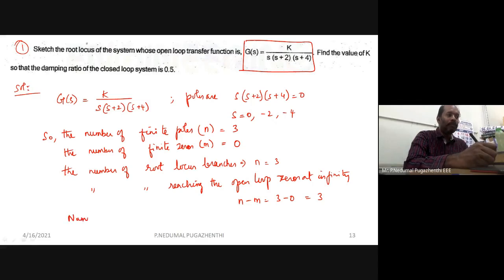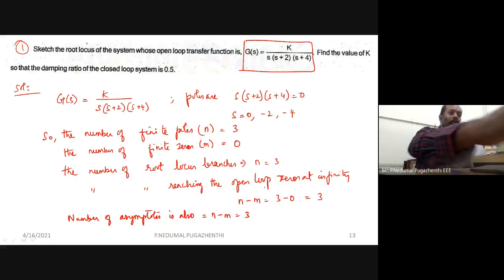So we will try to find the number of asymptotes, the guiding lines, which is also equal to n minus m, which is equal to 3. So let me find the angle of asymptotes.